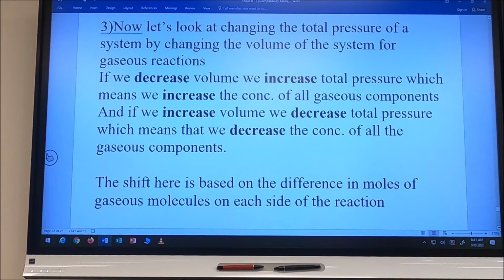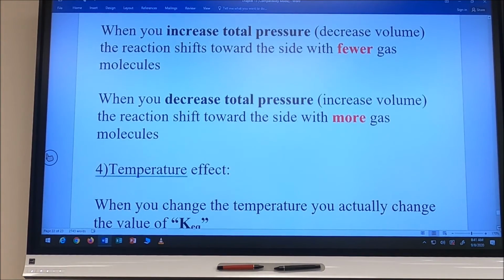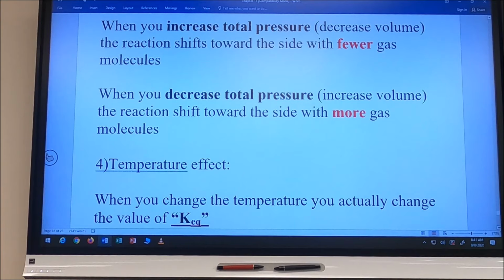Okay, so the shift we're going to make is based on the difference in the moles of gaseous molecule from one side of the reaction to the other. If you increase the total pressure by decreasing the volume, then the reaction shifts to the side with fewer gas molecules.